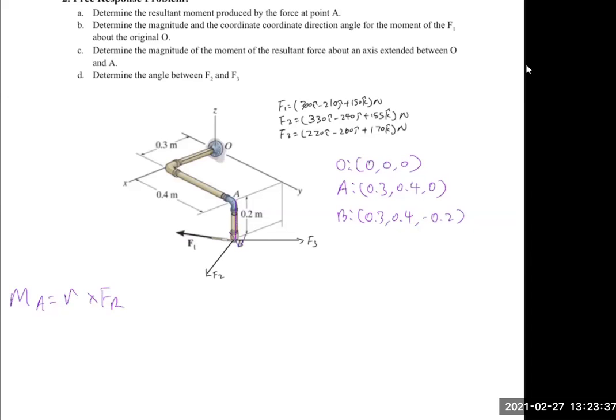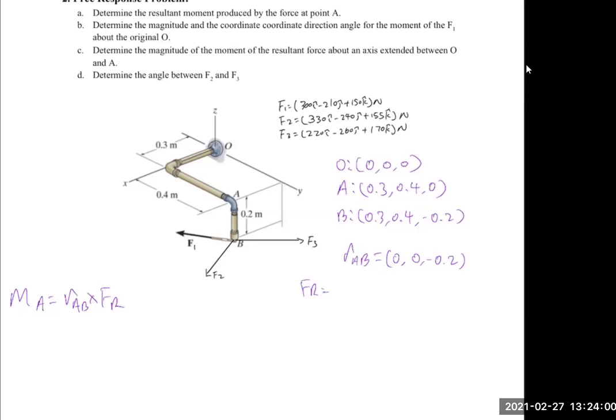So RAB, simply B minus A: 0.3 minus 0.3, 0.4 minus 0.4, negative 0.2 minus 0. And I'm going to put my FR right here.